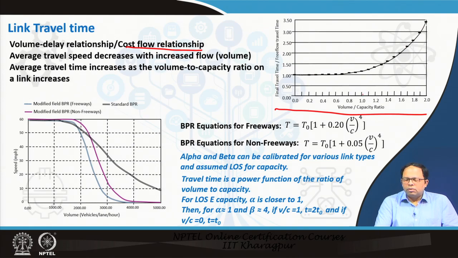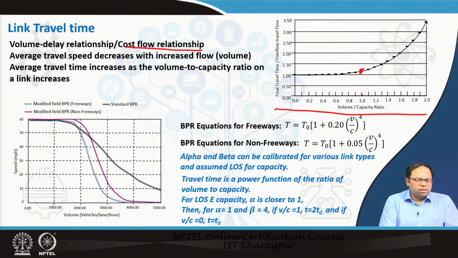When the ratio is 1, that is, when volume is equal to capacity, the final travel time divided by free flow time is a little bit above 1. And when it is 2, we can see that the final travel time is almost 3 times the actual free flow travel time. That is what this graph shows.